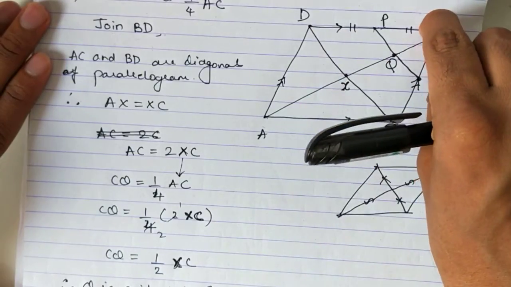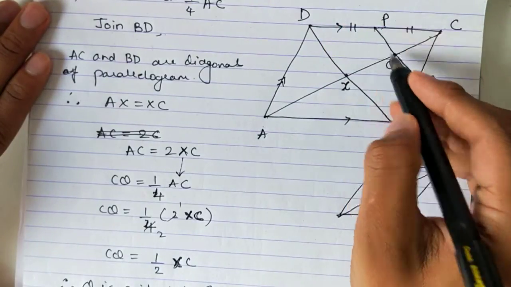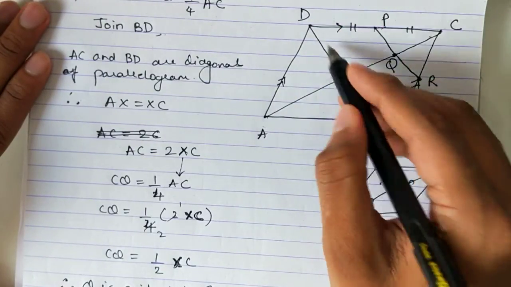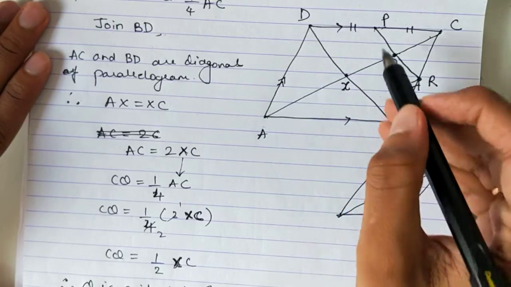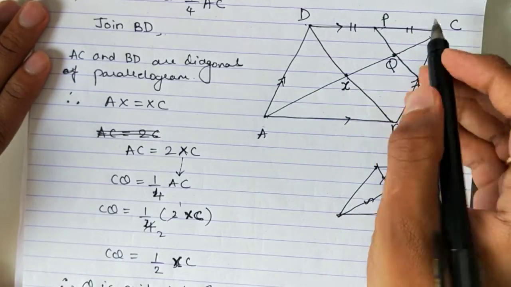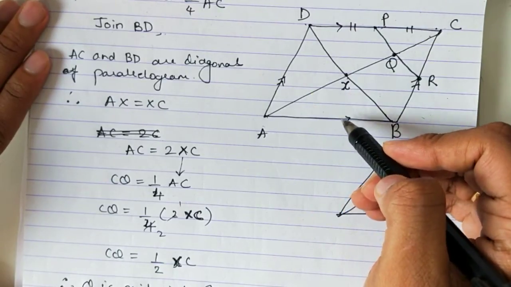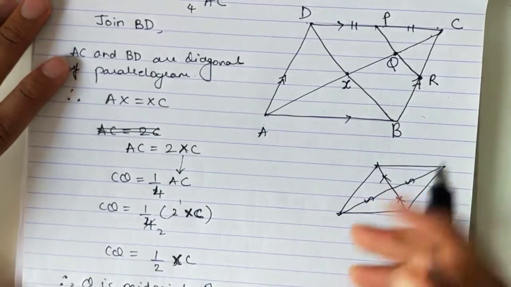DCX, this triangle here. PQ is parallel to DX. See, P is the midpoint of DC and Q is the midpoint of XC. That means by midpoint theorem, PQ is parallel to DX, correct?